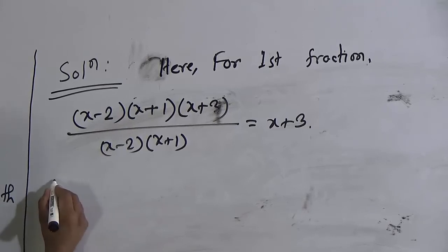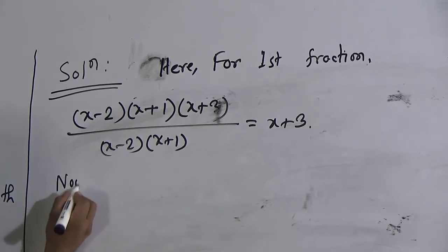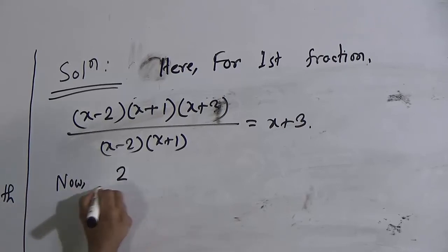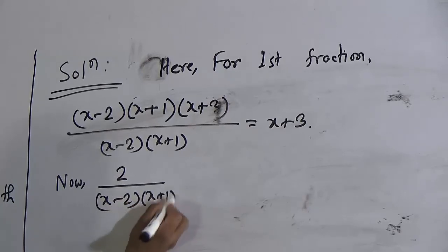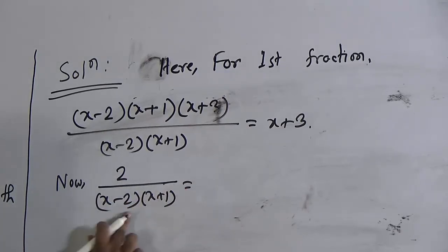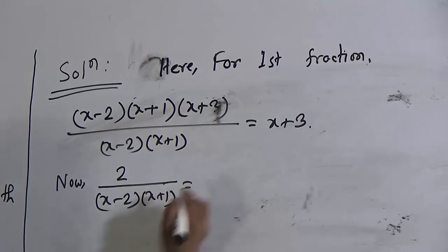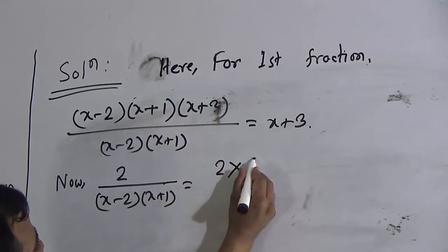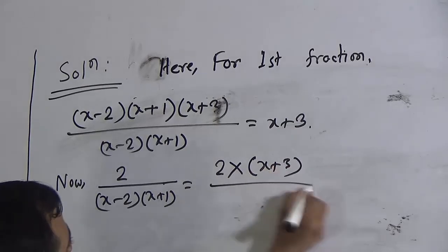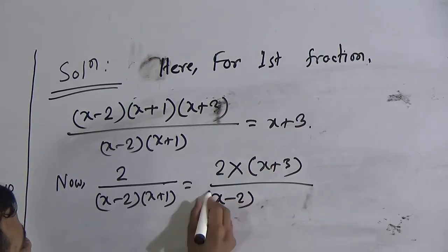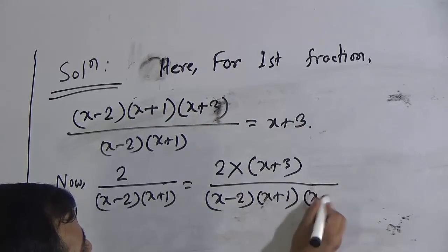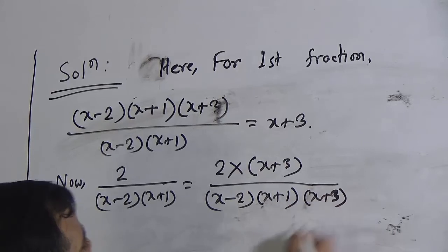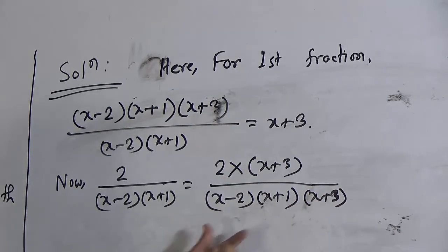Now it's 2 over x minus 2 into x plus 1, that was our first fraction. That's equal to 2 multiplied with the result x plus 3, divided by x minus 2 into x plus 1 multiplied with the result x plus 3. Okay, so this is our obtained fraction for the first fraction.